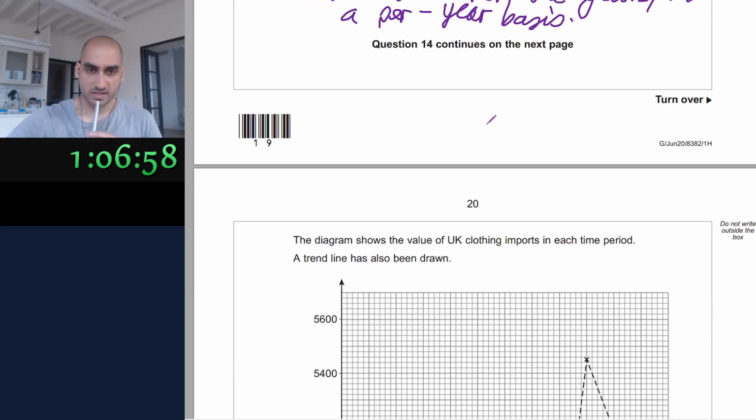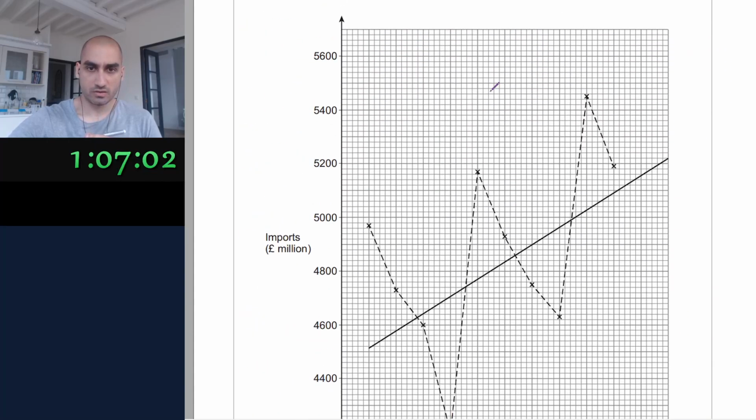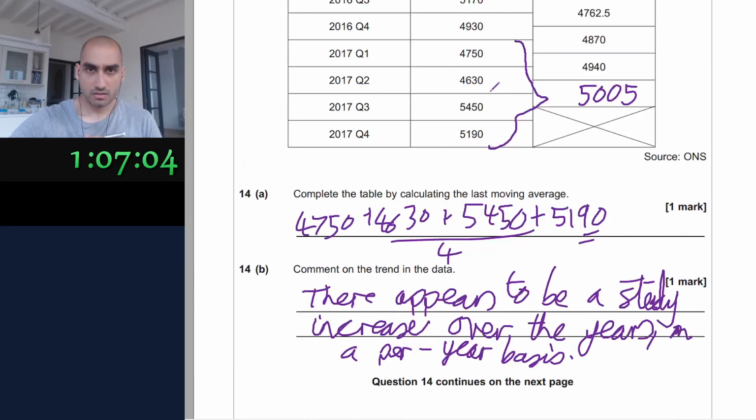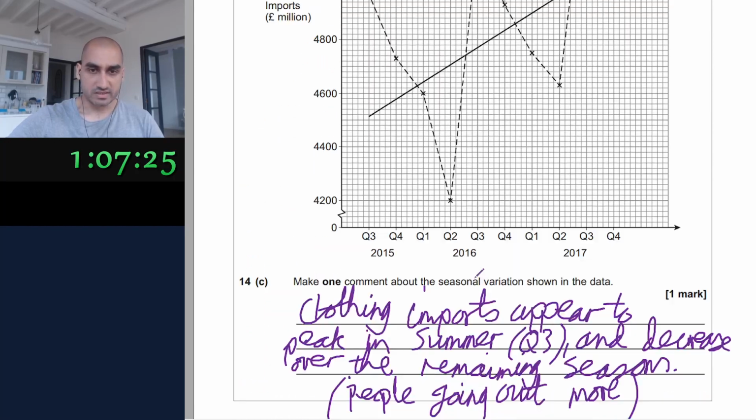Hang on, I don't understand this. Minus 40, minus 40 from what? So we're talking about Q1, previous Q1? Right, between 2016 and 2017 it's an increase of 150. Why is it minus?